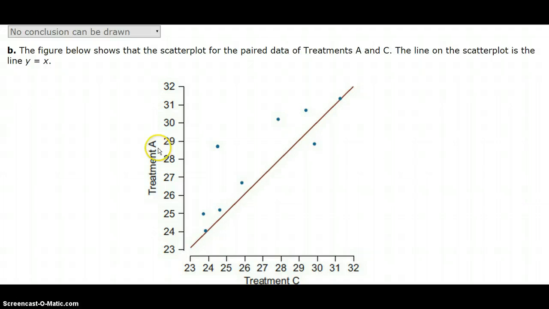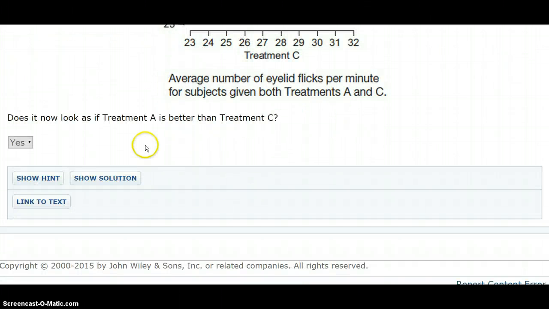So treatment A for this patient is more effective than treatment C. For all these other 6 patients, their treatment C is lower than their treatment A. In other words, a lower amount of eyelid flicks, in other words, drowsier. They were drowsier with treatment C than they were with treatment A. So we would say that treatment C is probably better than treatment A.